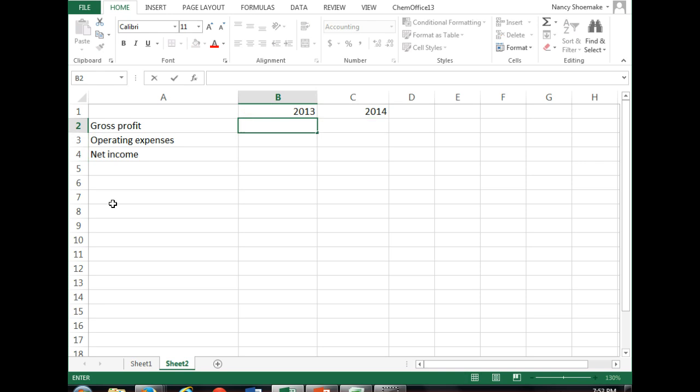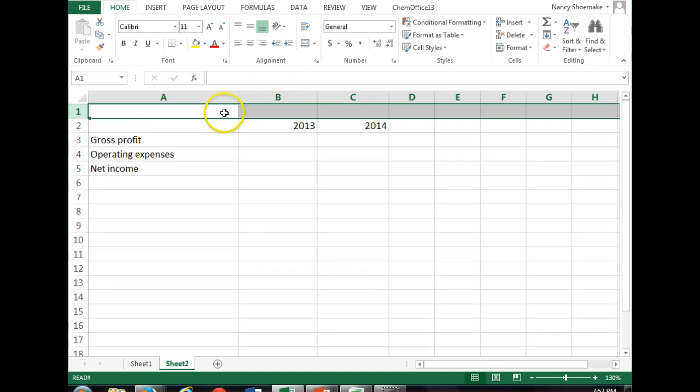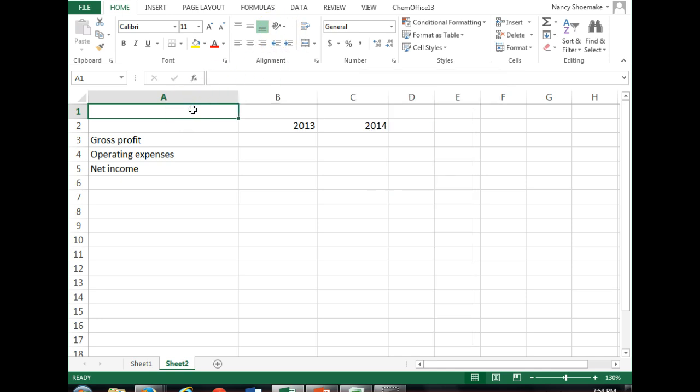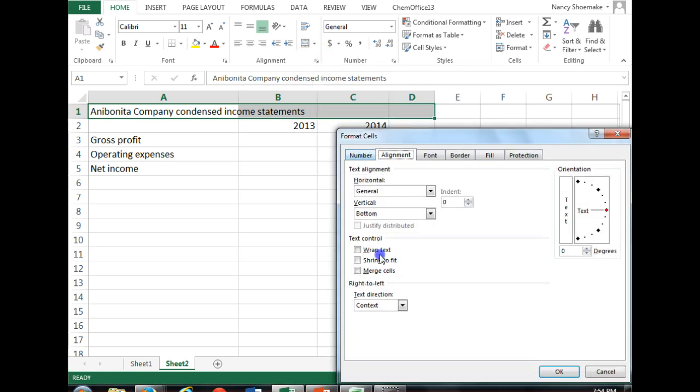So, what is our gross profit going to be for 2013? What are we calling this? Anna Bonita Company condensed income statement. How do I merge it? Where's merge? Oh, merge cells.